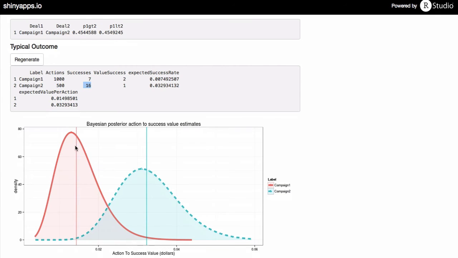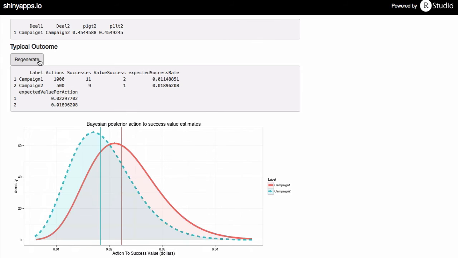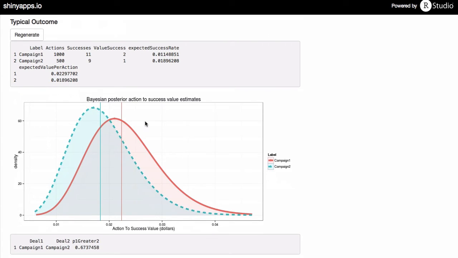And we see the mean for the solid campaign 1 is to the left of the mean for the dashed campaign 2. So someone would perceive campaign 1 as being worth less than campaign 2 in this experiment. Regenerate generates another experiment, another, and here we see they've switched roles. This time they would have perceived the campaign 1, the solid campaign, as being more valuable than the other. And that's what these percentages are talking about, who's ordered where, typically in the outcomes.